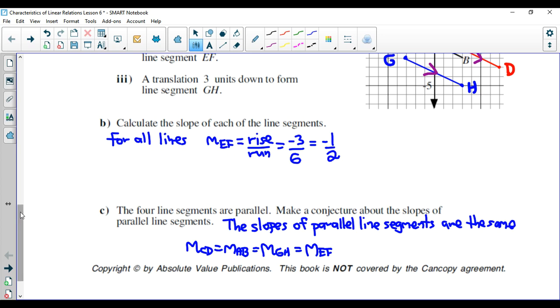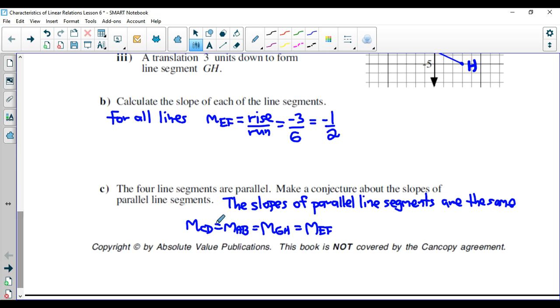If your line segments are all parallel to each other, parallel line segments would all have the exact same slope. So that'd be -1/2. Okay, that's a pretty intuitive result, I think.